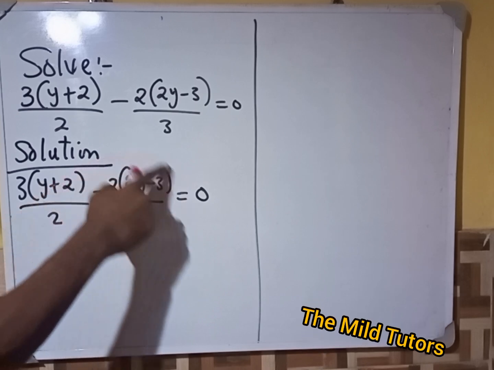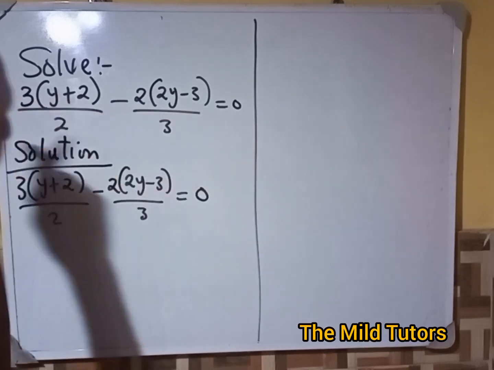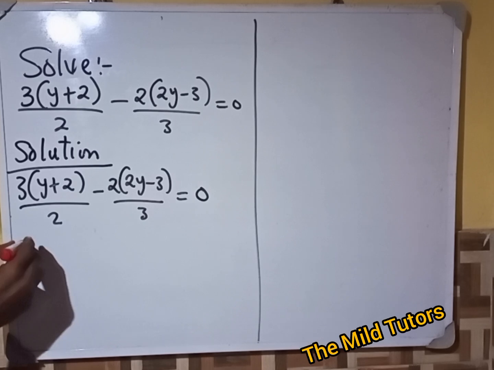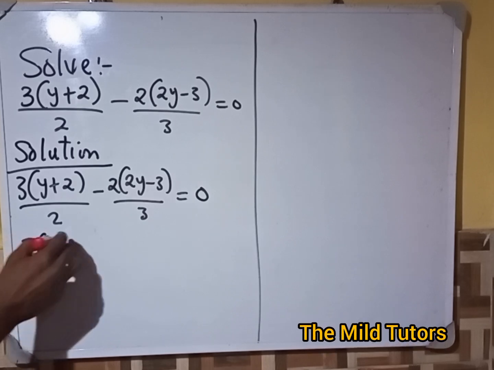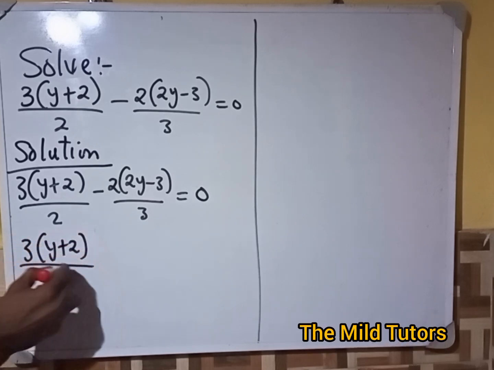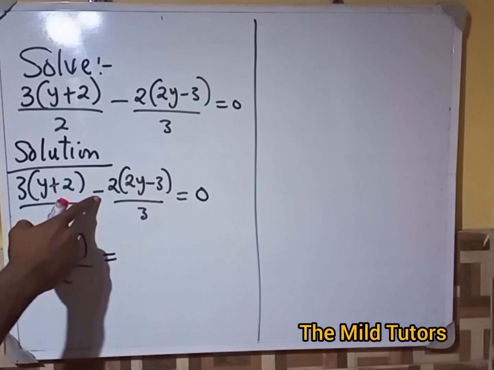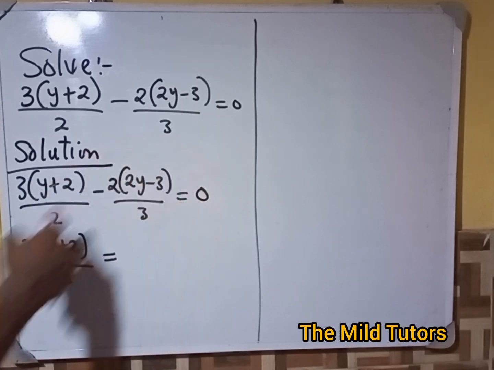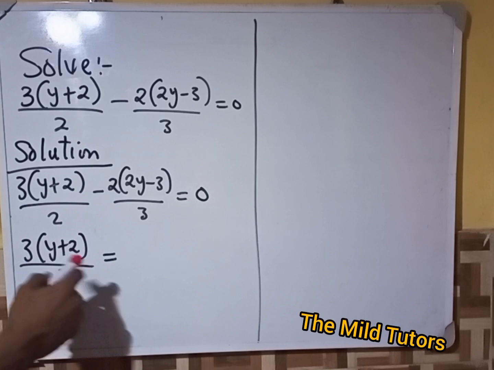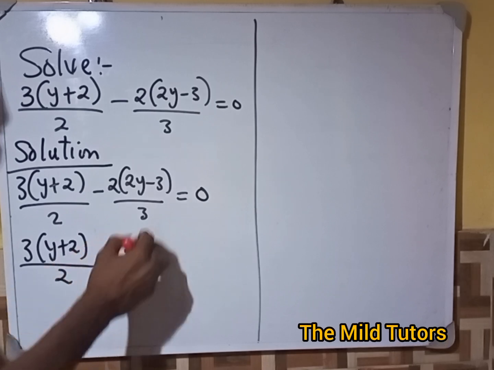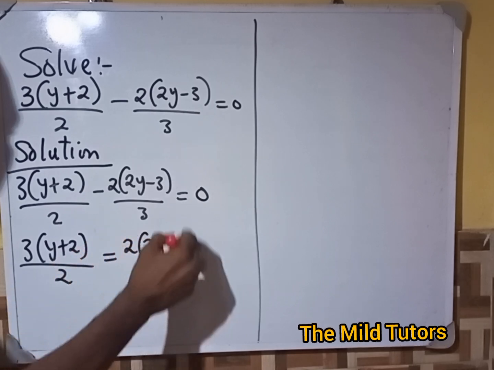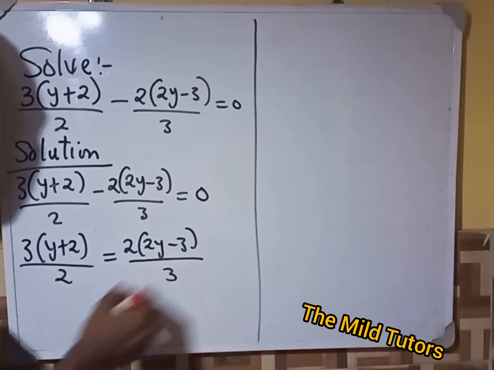So we are moving everything to the right, and once the negative is crossing the equality sign towards the right, it becomes a positive, right? So once that negative is crossing the equality sign, it becomes a positive. So that gives you 2 into bracket 2y minus 3 divided by 3.